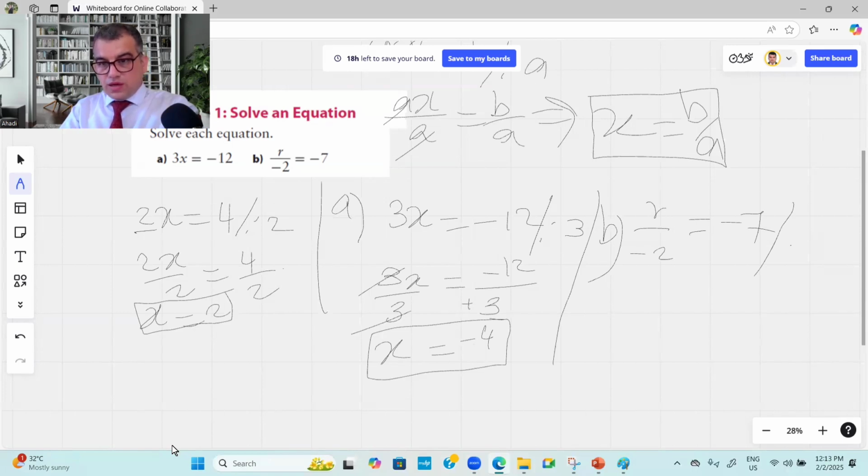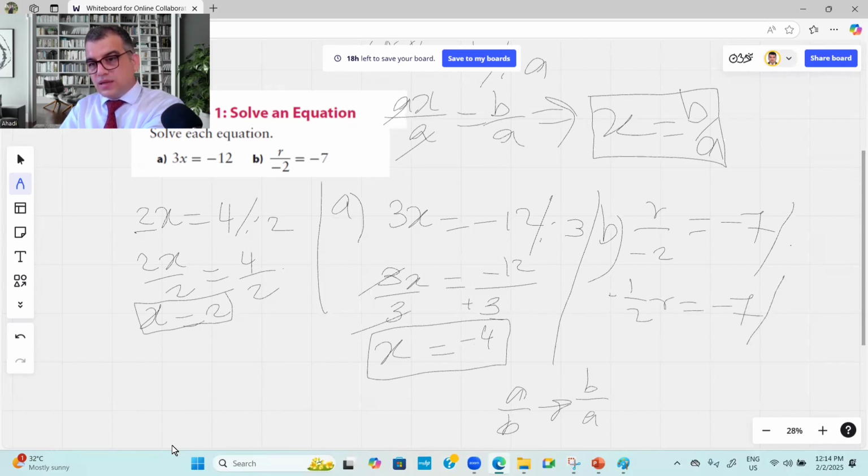The multiplicative inverse of a number a by b is b by a, the opposite, right? So we can write minus 1 by 2 r is equal to minus 7.